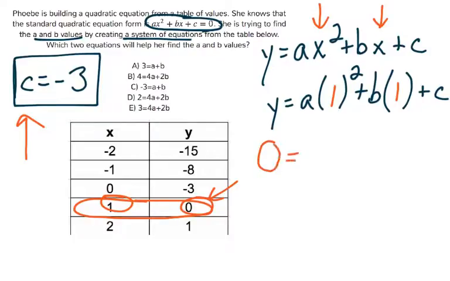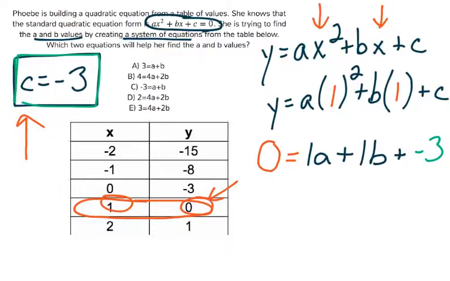0 equals, let's simplify a little bit, a times 1 squared. Well, 1 squared is just 1, so it's 1a plus 1b. I still have that, and then I do know c. I'm plugging that in as my constant. It's negative 3. Okay, so that's where I'm at so far.